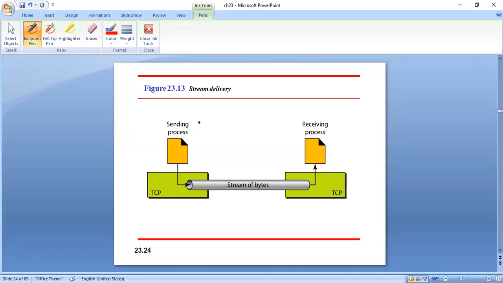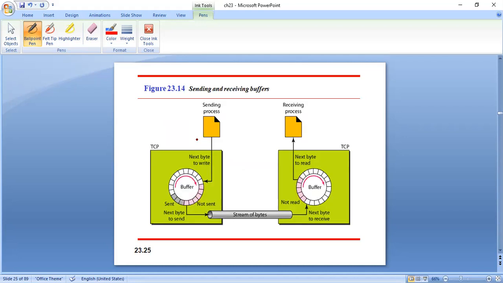In stream delivery, the sending process will send the data, and this is an imaginary structure which is used here. Next comes the buffer, this is how it looks. This is the TCP protocol at both ends.